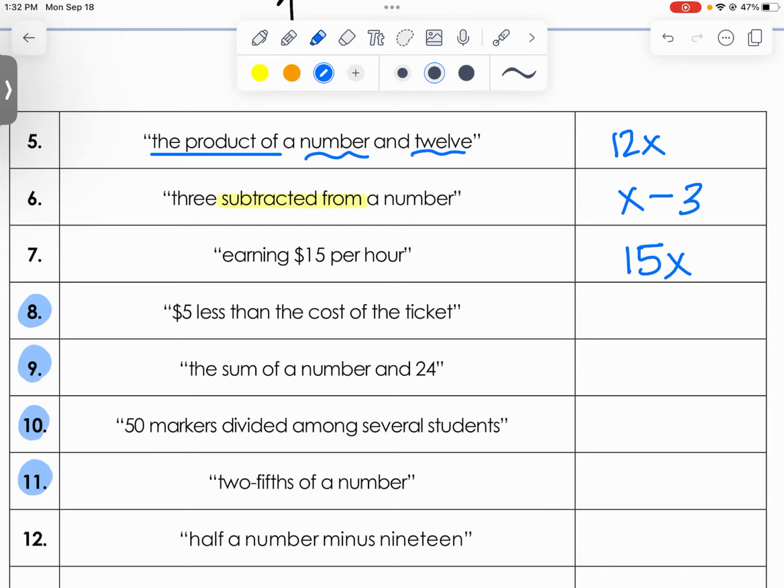Right here. And since there's a star by it, it's going to be backwards. So less than means subtraction, but it's backwards. So how would you write it? You know, it's subtraction, right? So use the number.